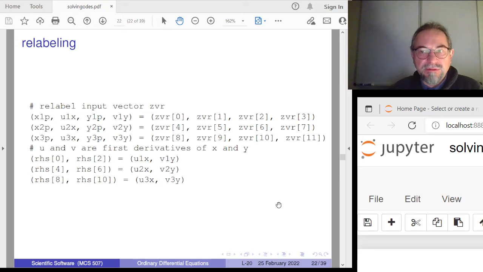And then the second component of the first body follows, the y component. First the position, then the velocity. So we use this relabeling to help us. It is essentially not strictly necessary, but it clarifies the code of the function.